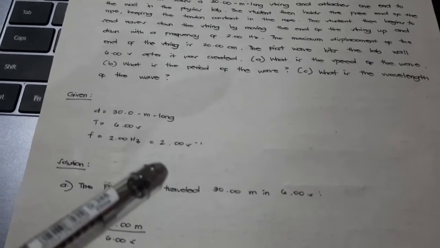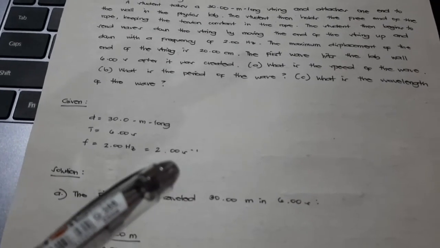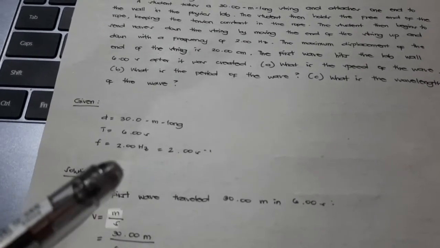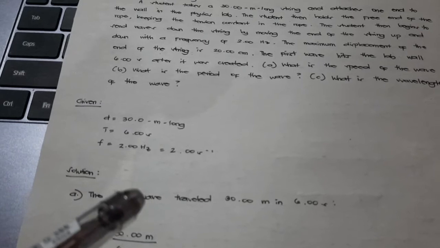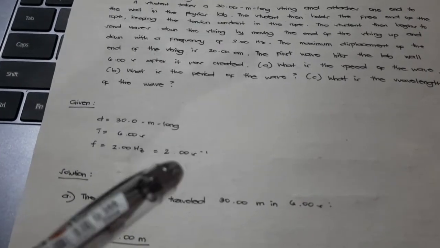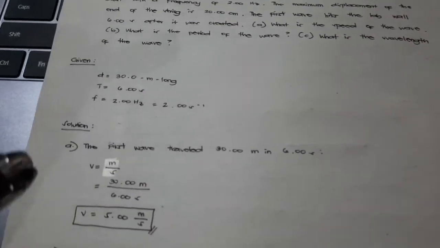I write it as 2 seconds raised to the negative 1 because 1 Hz is equivalent to 1 second raised to the negative 1 power. So since it is 2, it is 2 seconds raised to the negative 1 power. Solution.